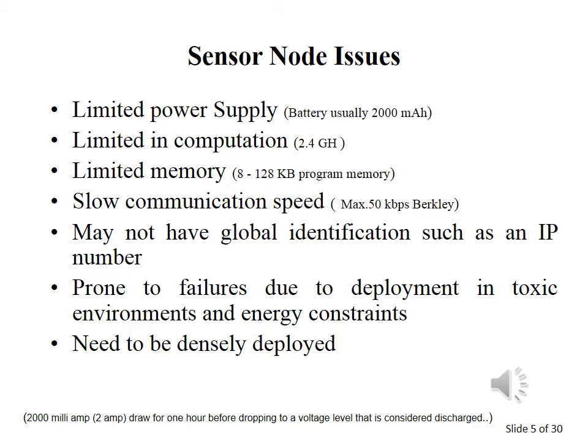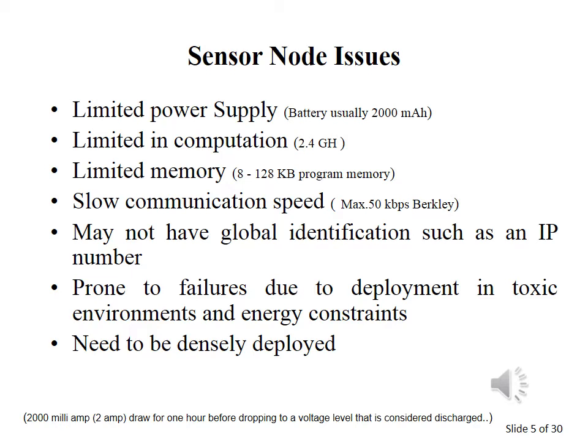Also, these sensor nodes need to be densely deployed. As I already told you, the number of sensor nodes deployed in the environment depends upon the problem under observation. That is, the number may be from 100 to 1000, etc. So this is another problem, that these sensor nodes are very large in number.